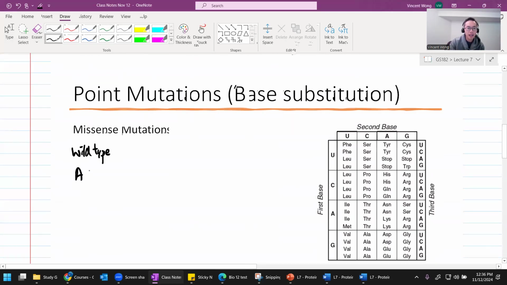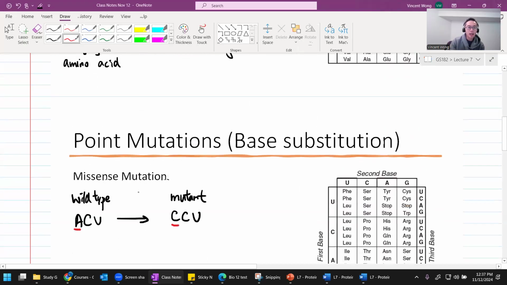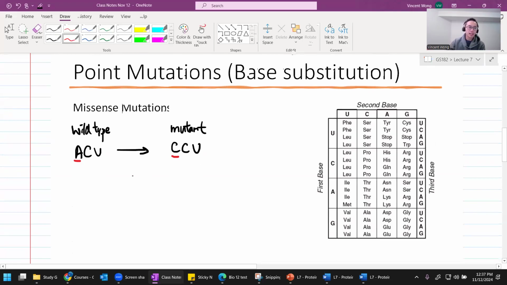Let's say we have ACU. Then we're going to have a mutant, which will be CCU. Right, so I am only changing one nucleotide at a time. I probably should highlight the previous one as well. UUU becomes UUC. Okay, please look it up. What is ACU and what is CCU?